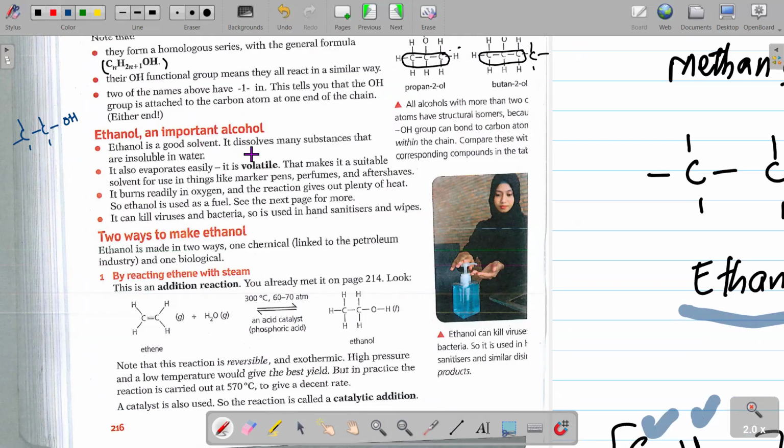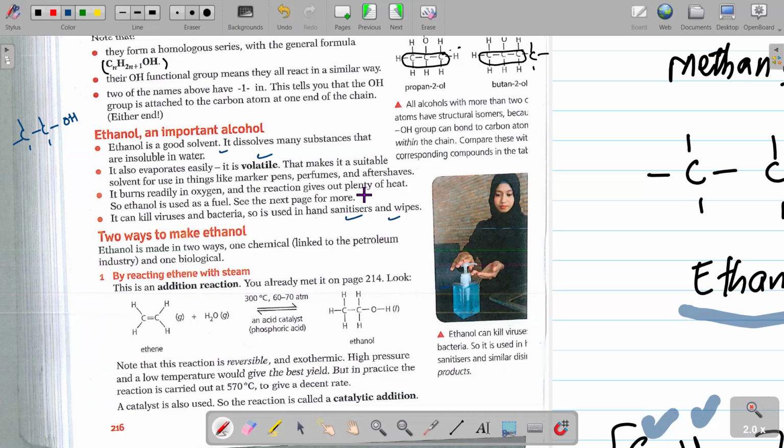Its uses: it is also a good solvent, dissolves many substances, evaporates easily, it's volatile. As you can see in this diagram, we use ethanol to kill bacteria and viruses, so sanitizers and wipes.